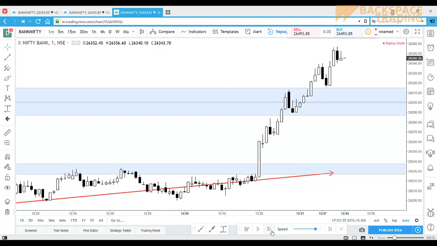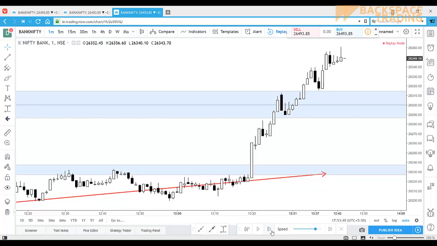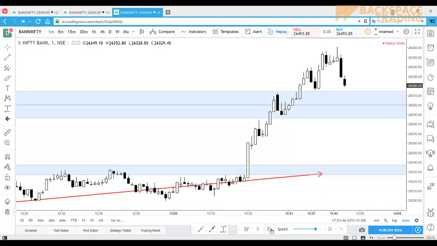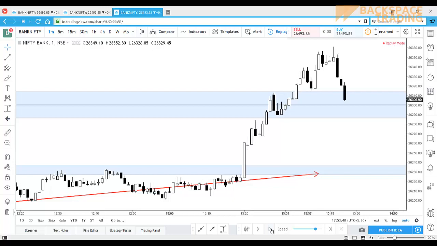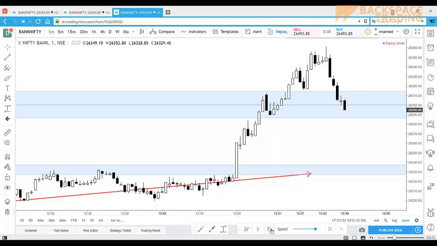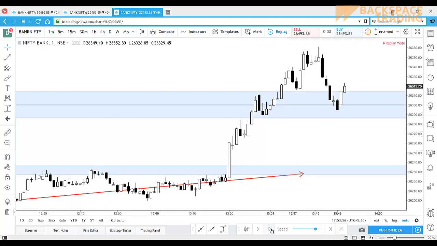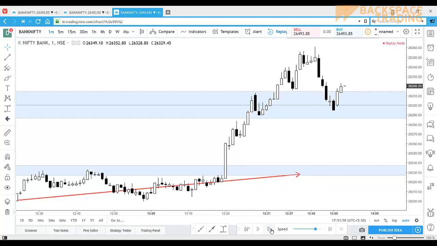Each candle shows something, and some profit booking is coming in. Let's see if the area is being tested again. Okay, it's coming down. A doji down. Yeah, you are in negative territory.